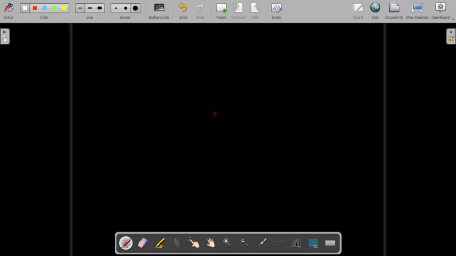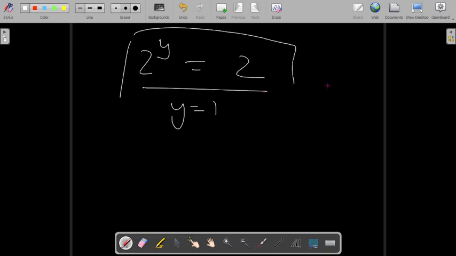So basically, it went from a 2 to another 2. What Y does that? If Y equals 1, this is true. So now we found that X equals 2, Y equals 1.